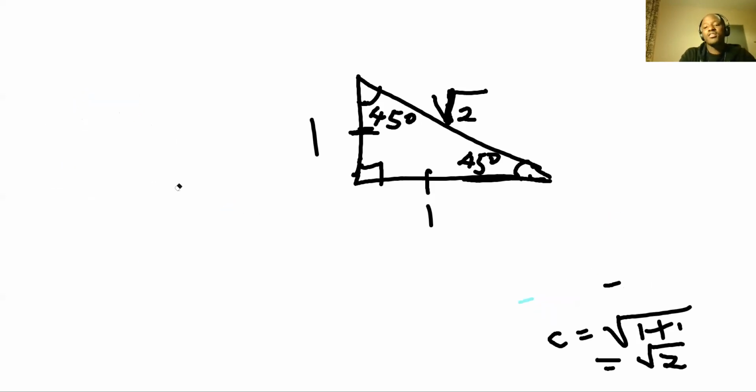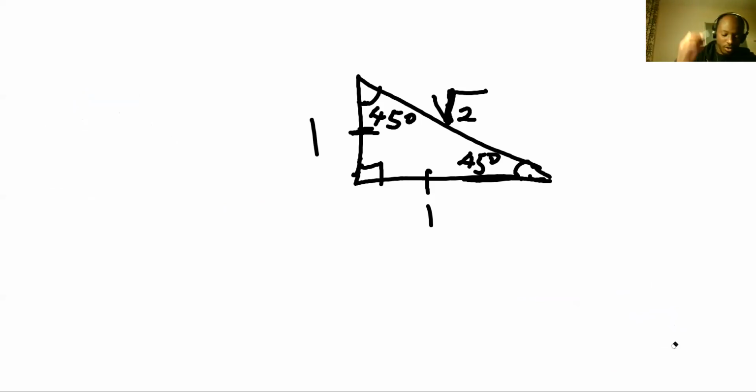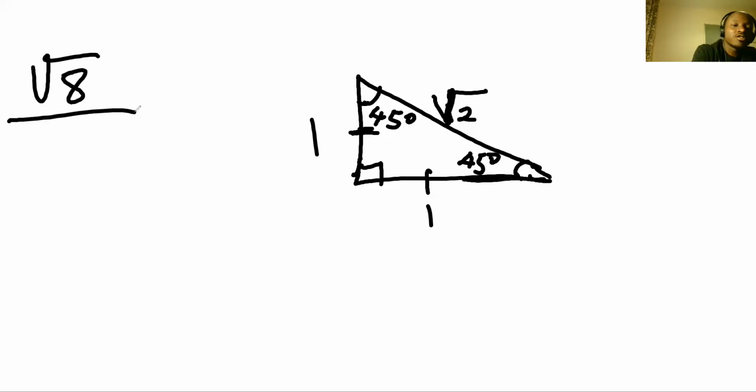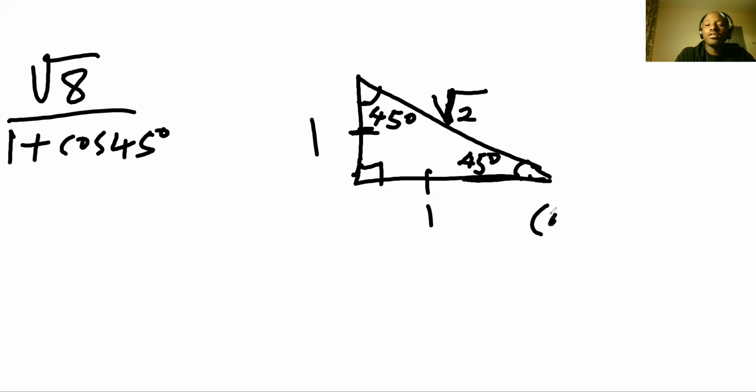So remember that those two triangles, they are very critical in your solution. So our question was root of 8 over 1 plus cos 45. So from here, cos, we know SOHCAHTOA.